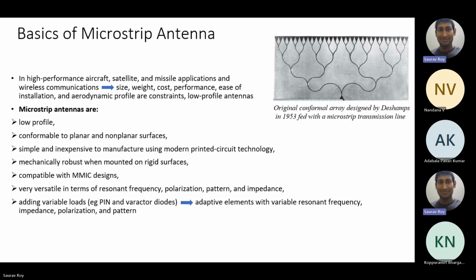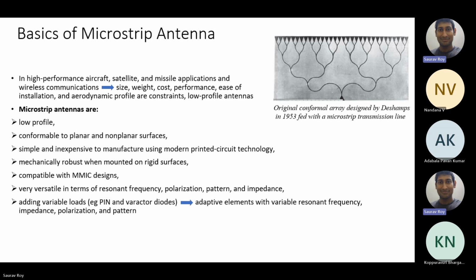So there are foldable microstrip antennas also. It is simple and inexpensive because it is very easy to design. It is mechanically robust when mounted on a surface because it's planar, and it does not harm the surface much.